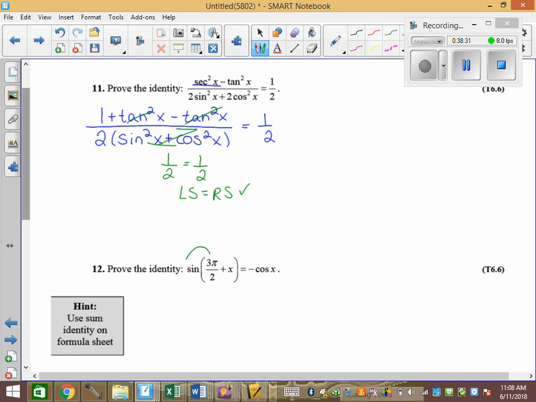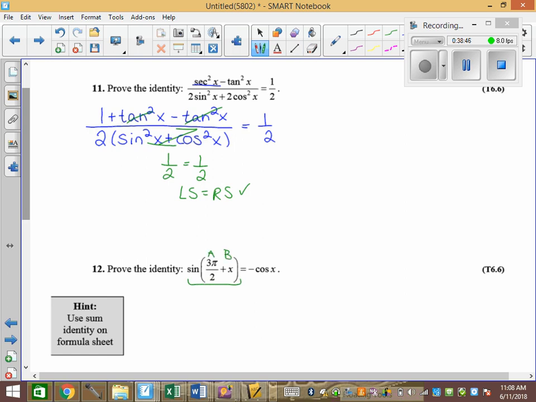Number 13. People try and do this. That should not be even a thought in your head. You cannot do that. What should be the thought in your head when you see this? Use your formula sheet.